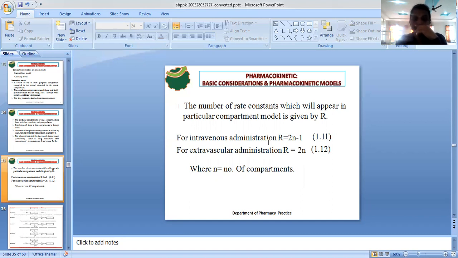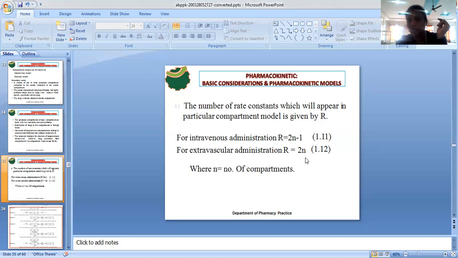For extravascular administration, R is given by 2n. That means if there are 2 compartments, 2 into 2 is 4, minus 1 gives 3 rate constants for the intravenous administration. For extravascular administration it is only 2n.